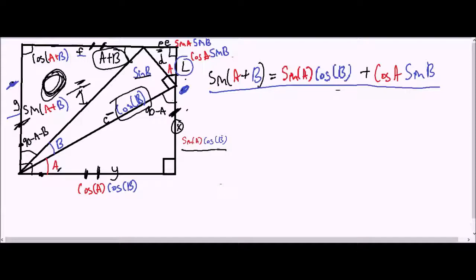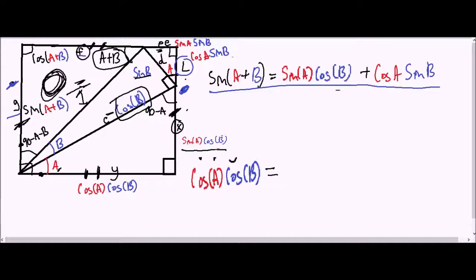But not just can we prove that, we can also prove what cosine of A plus B is when we look to the horizontal sides. So over here on the bottom, we know that the bottom is equal to cosine A times cosine B. Now what is that equal to? Let's look to the top side.